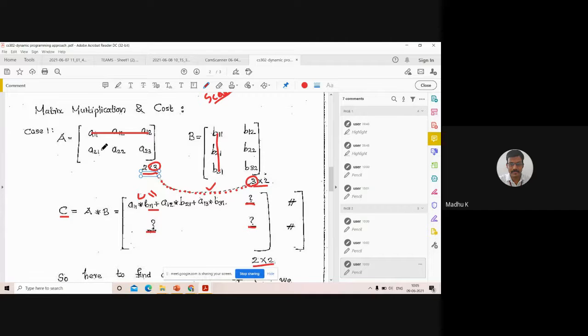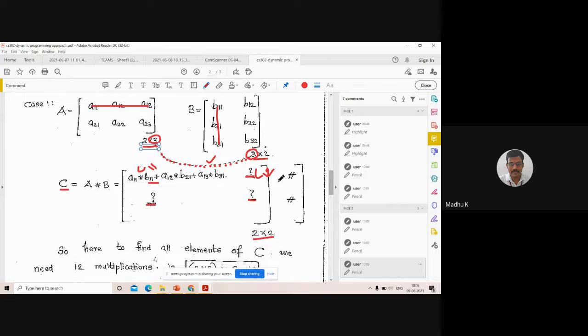So A11 into B11 plus A12 into B21 plus A13 into B31. Then you will get C11. Similarly, we can find the other elements, like C12. That's not an issue. This is our basic matrix multiplication.